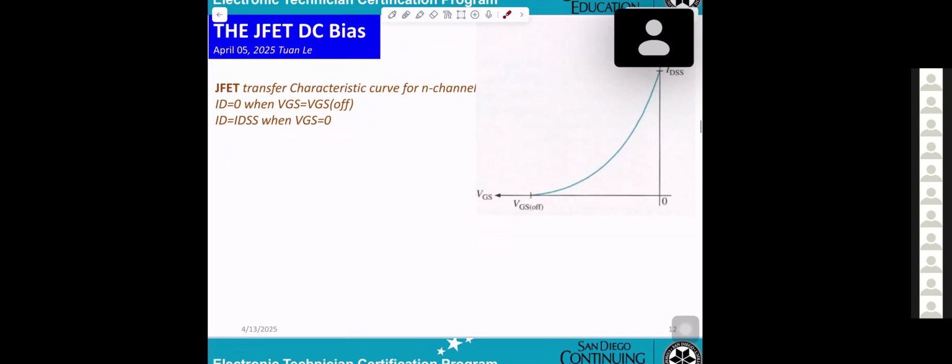And at the point IDSS, VGS equals 0. That means at this point you go down, looking at VGS. That is the transfer characteristic curve for N channel.